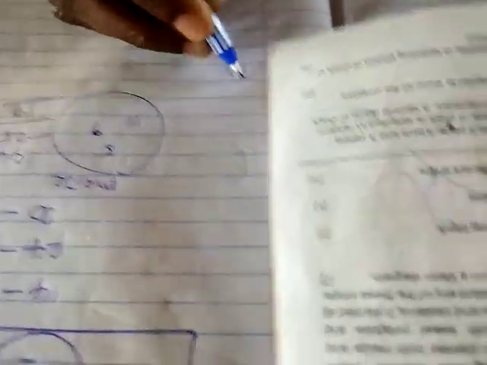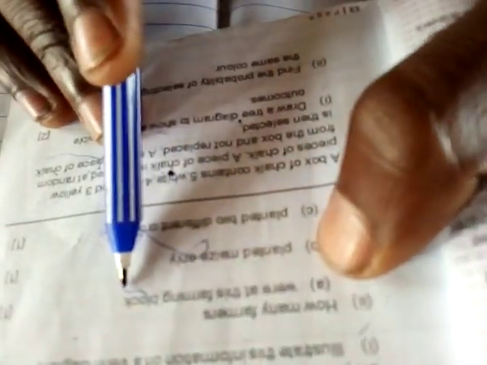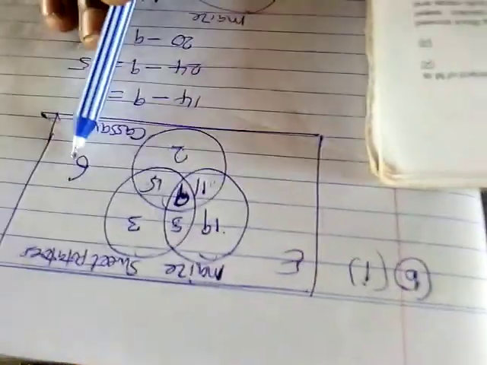Then question 2: how many farmers were at this farming block? To calculate this, we need to add all the numbers including 6.